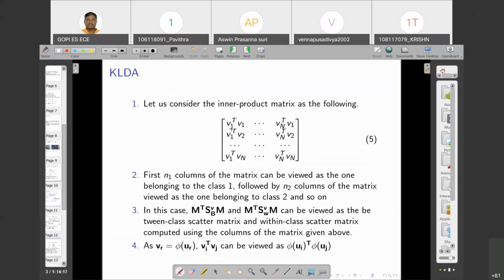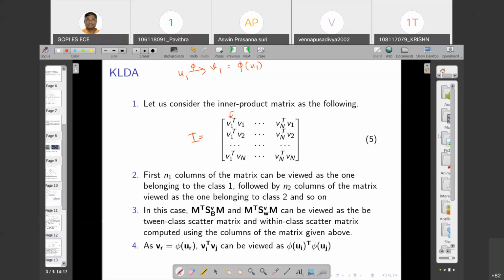This is what we call the inner product matrix. How is that constructed? You have the original vector u1 and you map it to the higher dimension, and we get a vector v1. This is the mapping from lower dimension to the high dimension using the function phi. Basically, V1 is nothing but phi of U1.